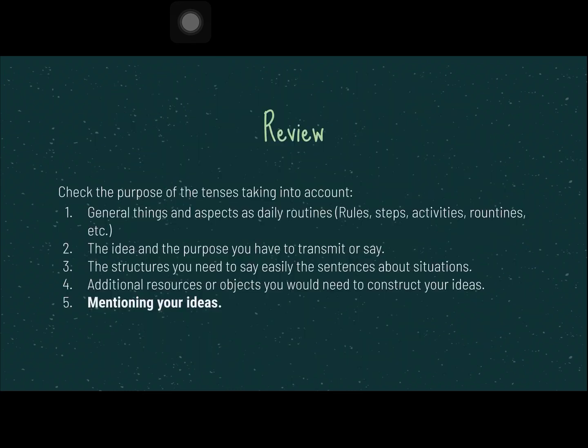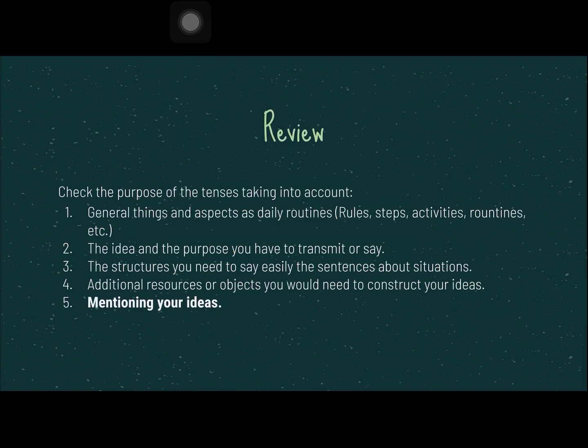First, we are going to check the purpose of the tenses, taking into account that those topics are for general things and aspects such as daily routines, rules, steps, activities, and so on.